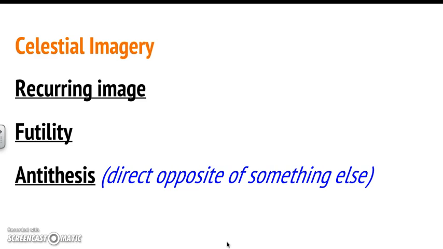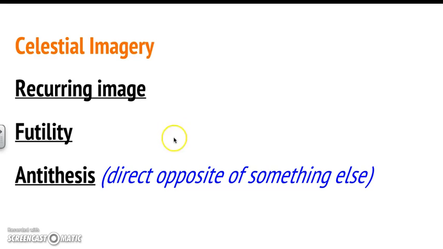They're like little tiny chess pieces used to fight a war. And the celestial imagery in this poem is used to show that.